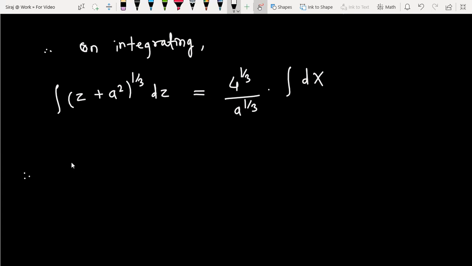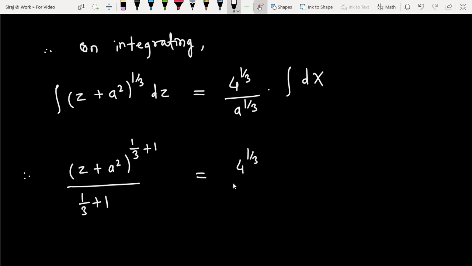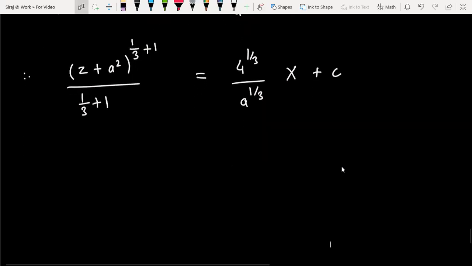So by using that result we can directly take the integration of (z plus a square) bracket to the power 1 by 3, it will become (z plus a square) bracket to the power 1 by 3 plus 1 upon (1 by 3 plus 1) into coefficient of z. So coefficient of z it is 1, so no need to write it. Right hand side 4 to the power 1 by 3 as it is upon a to the power 1 by 3 as it is, into integration of dx it will be x plus constant of integration c. Now simplify it.